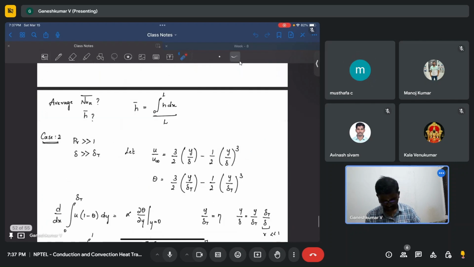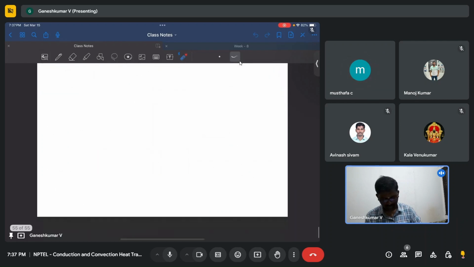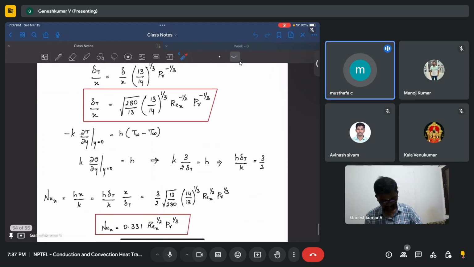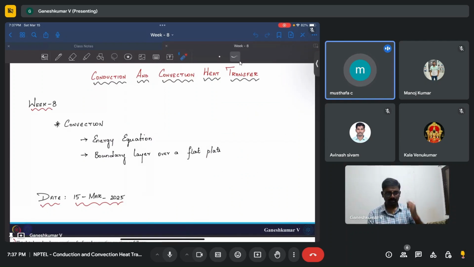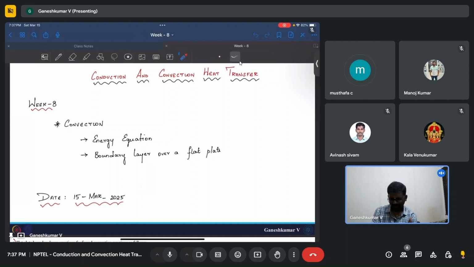Any other questions? Pressure work is PdV. PdV work is the work done due to pressure. That is pressure work. That's why flow is happening. Can we say dP by dt is flow work?